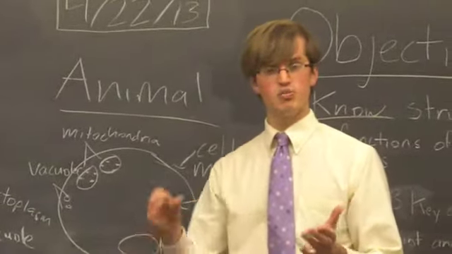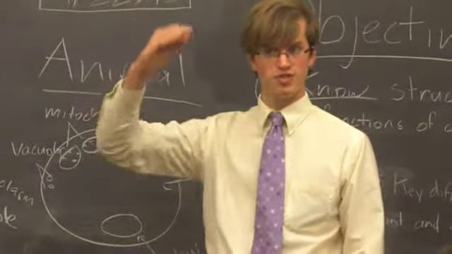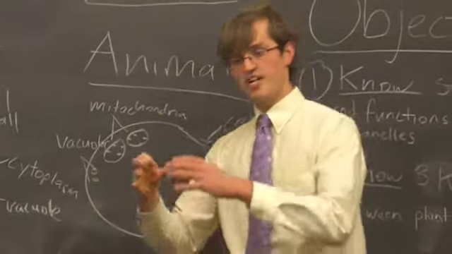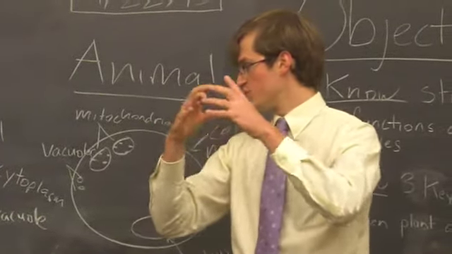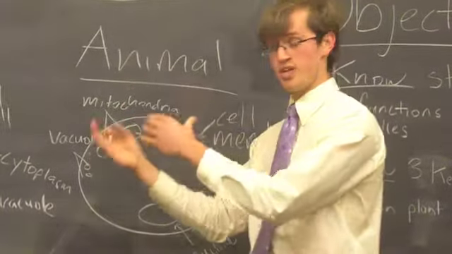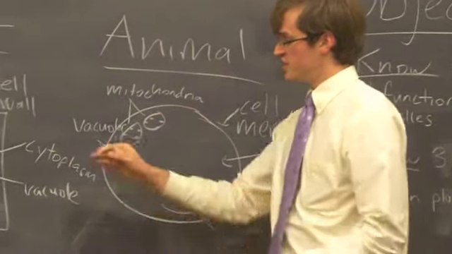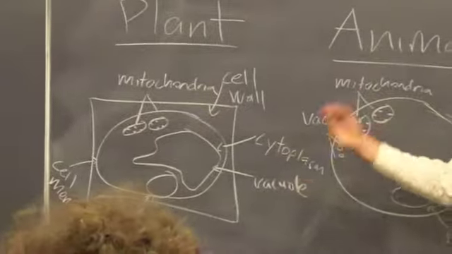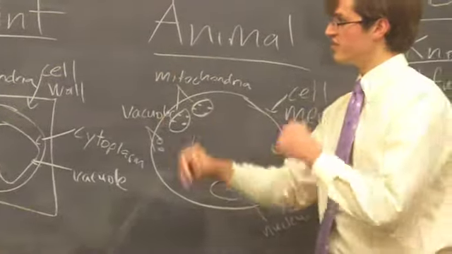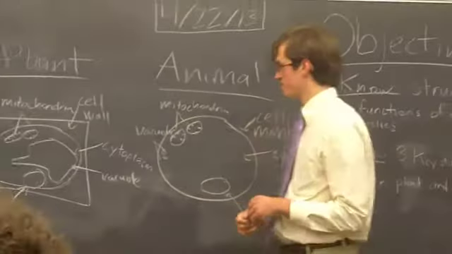You hear that you need to water your plants or else they're going to droop, they're going to die. If a plant doesn't have enough water, then its vacuoles are going to shrink, they're going to become smaller, and the structure is going to become compromised in the plant cell. So it's got to have enough nutrients, water in there for it to expand and be large enough for the cell to maintain its structure.